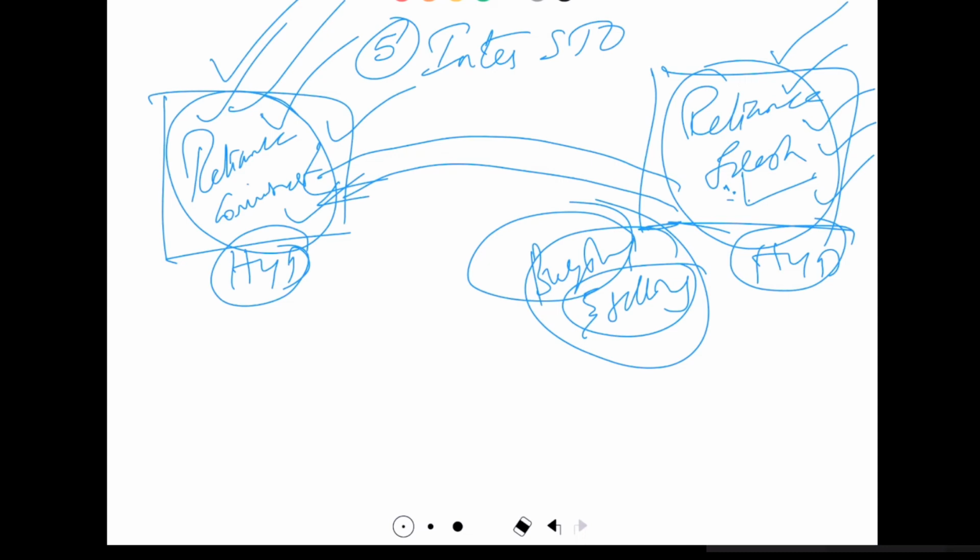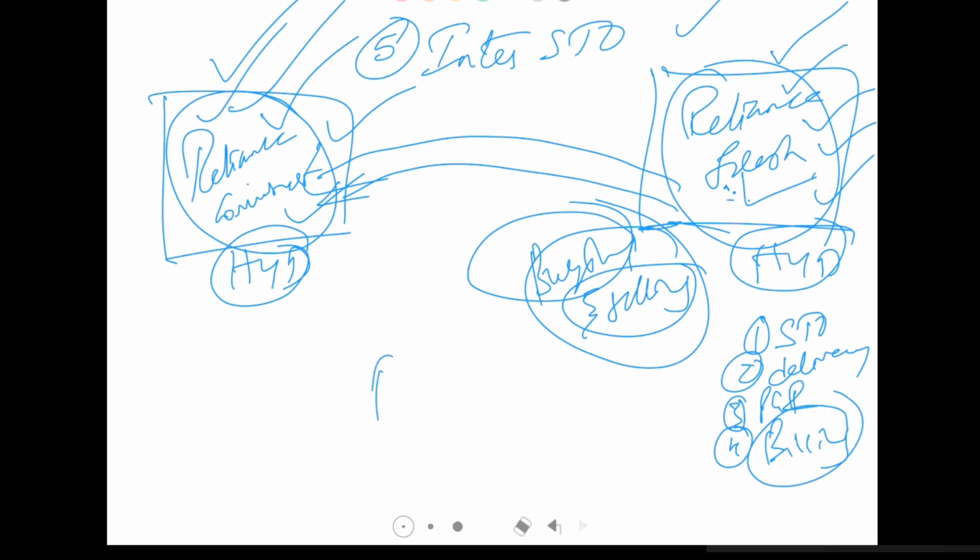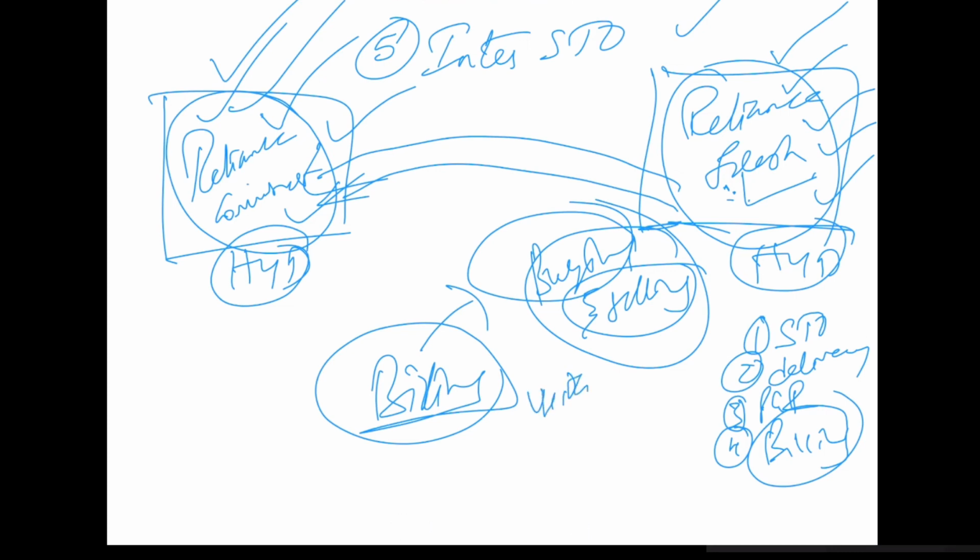So in these cases, how will you do the STO? Here the process will be the same. The STO will be created, and the supply plant will create the delivery and shipping documents, and they will do the PGI. Okay, and here there is the concept of billing. The billing will be valid, value with value, it will be transferred.